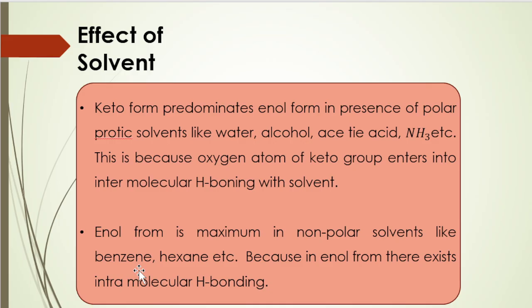So if there are polar protic solvents, the keto form is more stable because the keto group forms an intermolecular hydrogen bond. Whereas in non-polar solvents like benzene and hexane, the enol form is more stable as there exists an intramolecular hydrogen bond.